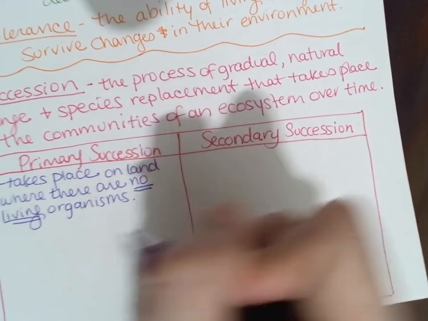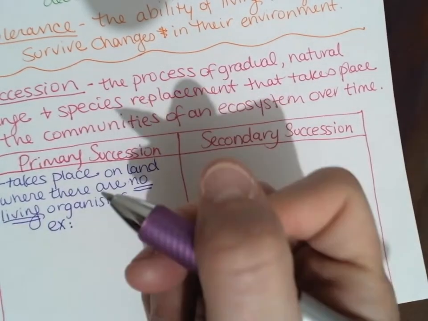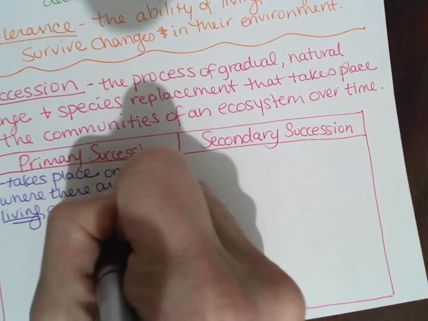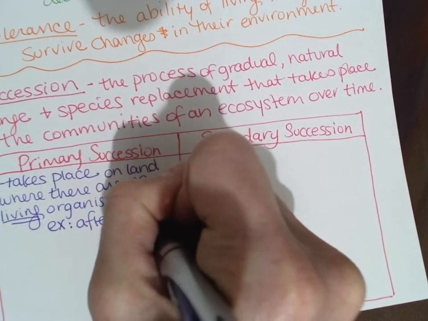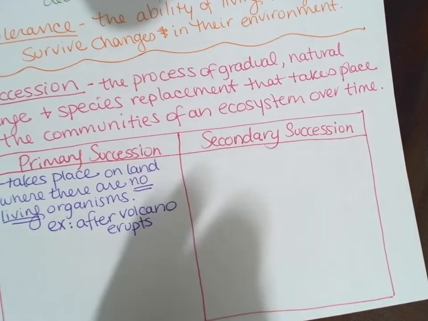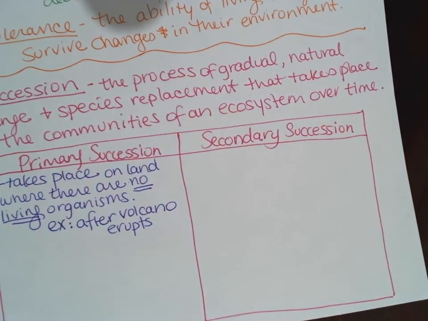So you think, where is that? An example of this would be after a volcano erupts. That would be an example of when this would happen. It's so hot and so destructive that nothing living would exist afterwards.